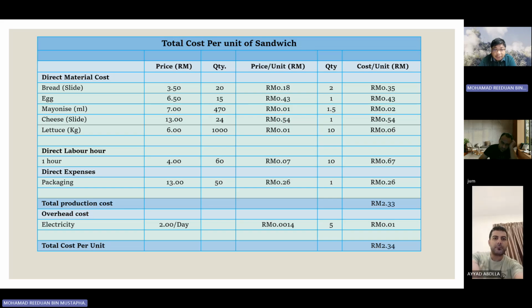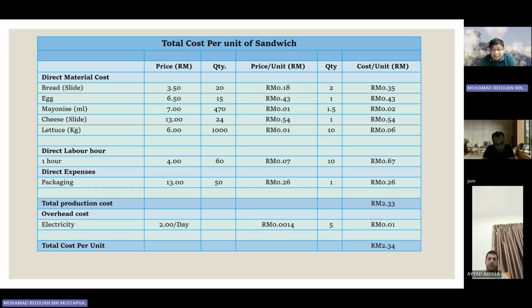But you see, you are buying the egg for 650. So how can you get a profit selling at $5? This is why you need to convert all the values into unit. When you want to calculate costing for all manufacturing, for all products, you need to calculate by unit. That is the rule.